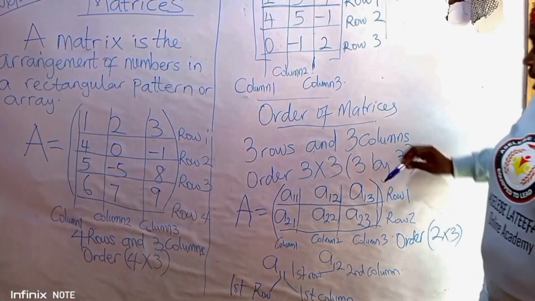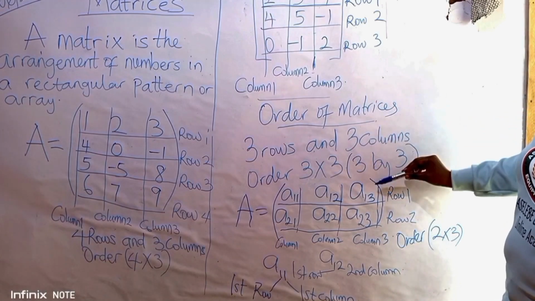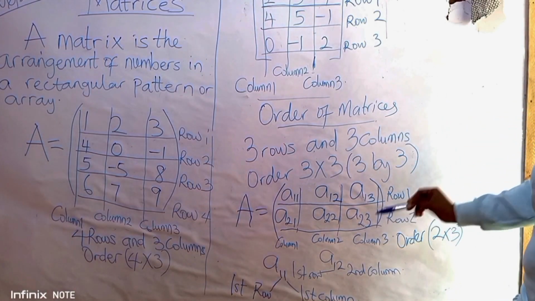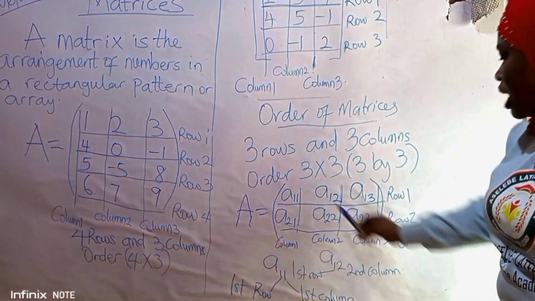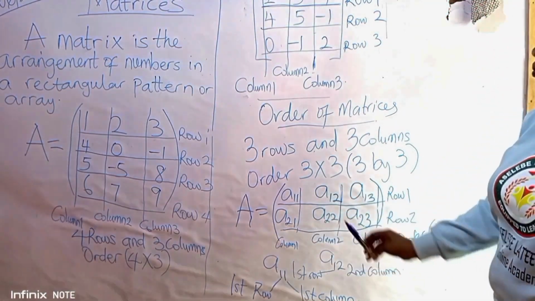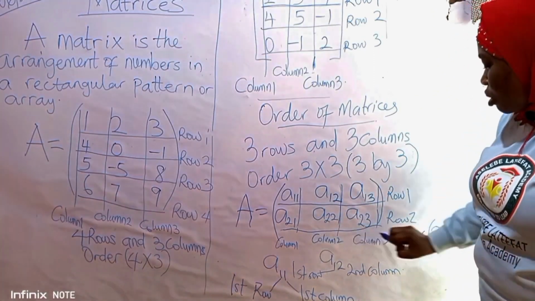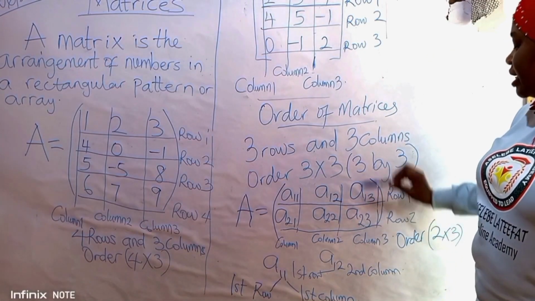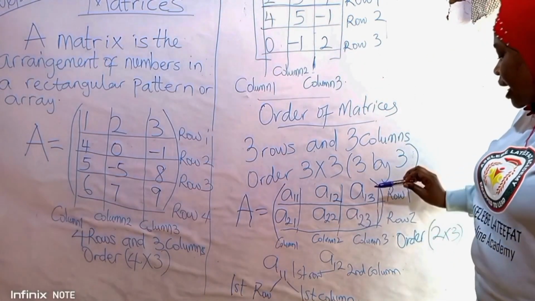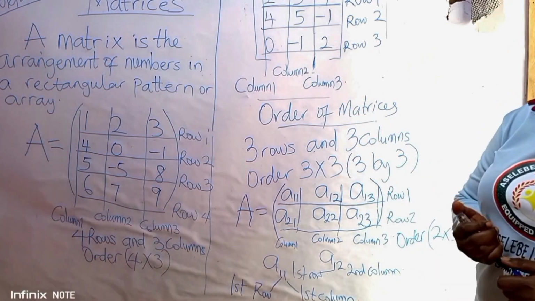Similarly, this A13 lies in the first row and third column. So that's the meaning. A21 lies in the second row and first column. A22 lies in the second row and second column. A23 lies in the second row and third column. So you have to note all these things.